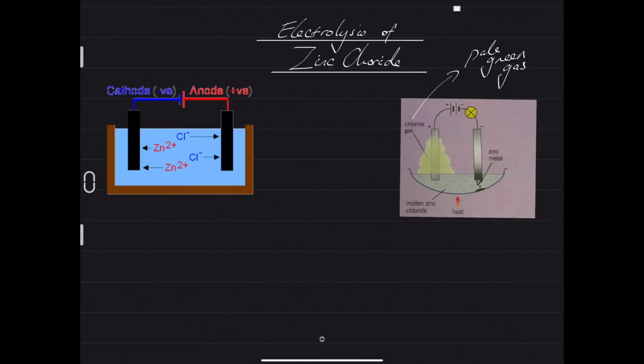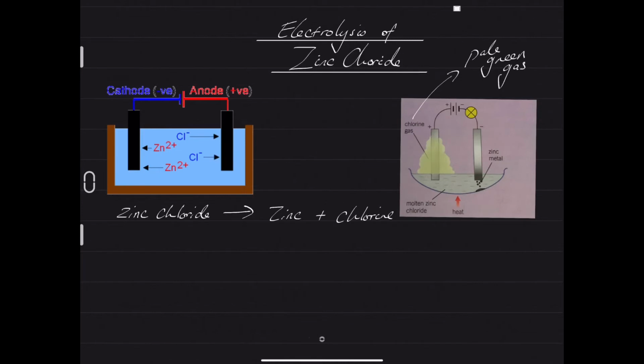So now let's put this word equation for the electrolysis of zinc chloride down. We have zinc chloride goes to zinc plus chlorine.